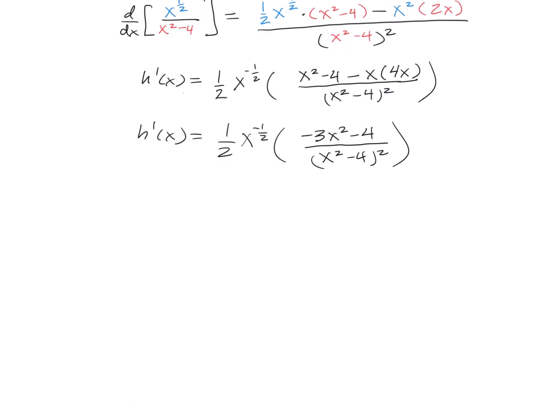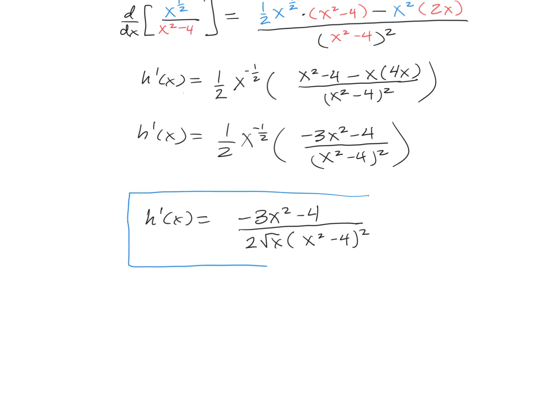We can rewrite this as h prime of x is equal to negative 3 x squared minus 4 over top of 2 square root x times the quantity x squared minus 4 quantity squared. And that is our fully simplified derivative.